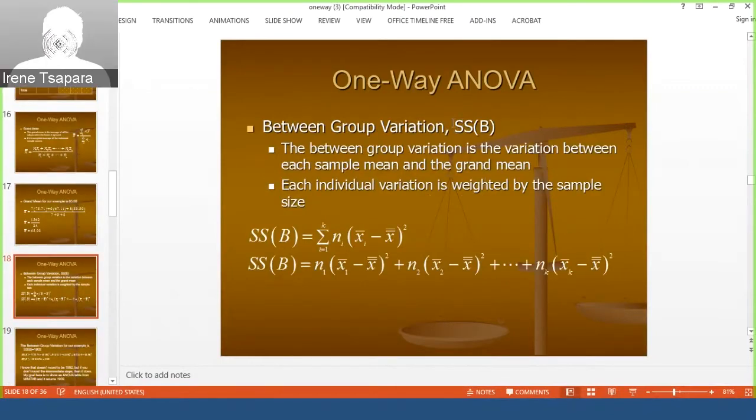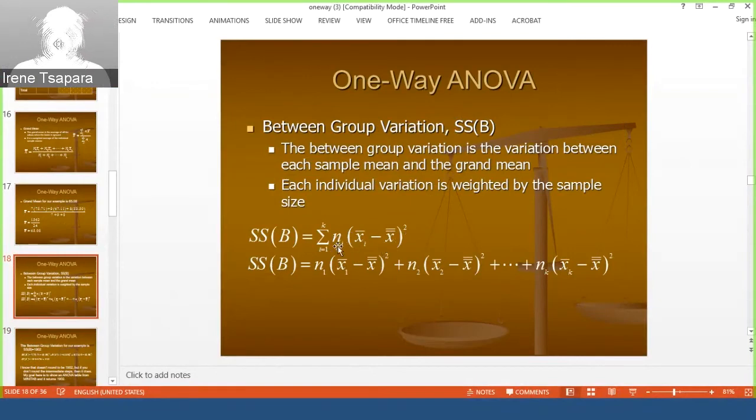How do I calculate the SSB now? The SSB, as we said, is the sum of squares between the classes. How do we calculate that? Well, we take the sample mean, we subtract the grand mean, we take the square of that, and if you see it, it reminds you of the regular variance formula.